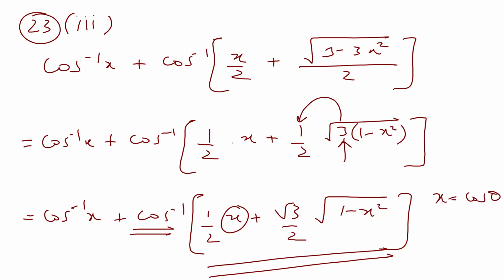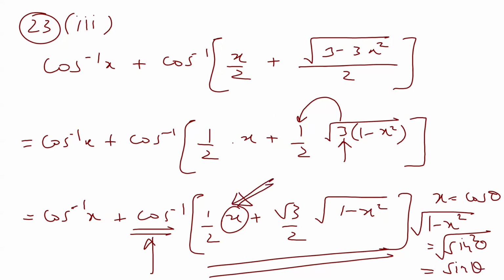You can also put sin theta, not a problem, but preferably put cos theta because outside there is cos. So 1 minus x square is 1 minus cos square theta, which is sin square theta. So square root of 1 minus x square is sin theta. So this value is cos theta and this root value will be sin theta. I hope you understood.